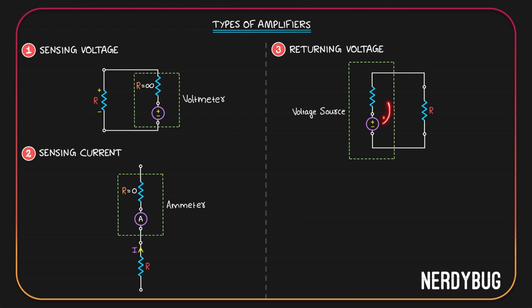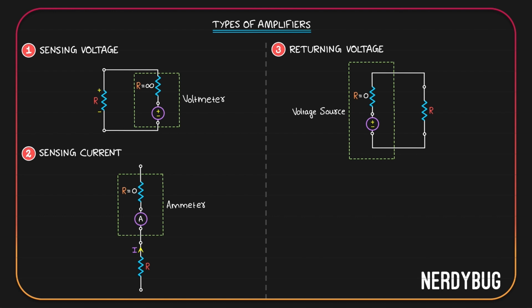We are applying a potential, assuming it is V, and we want all of V to drop across R. But if the voltage source has some internal resistance, some of V will be dropped across the voltage source itself, and only whatever is left will go to R. So ideally, the internal resistance should be equal to 0. A system that returns voltage should have 0 internal resistance.